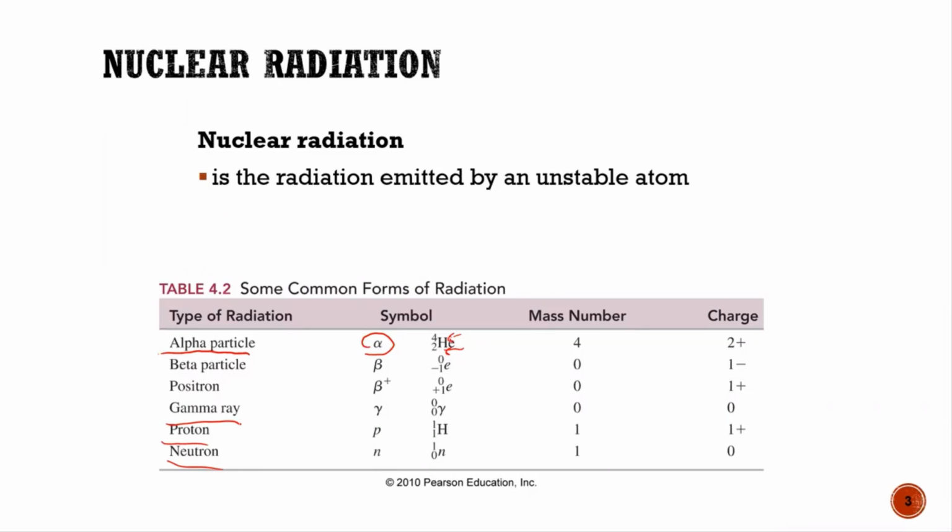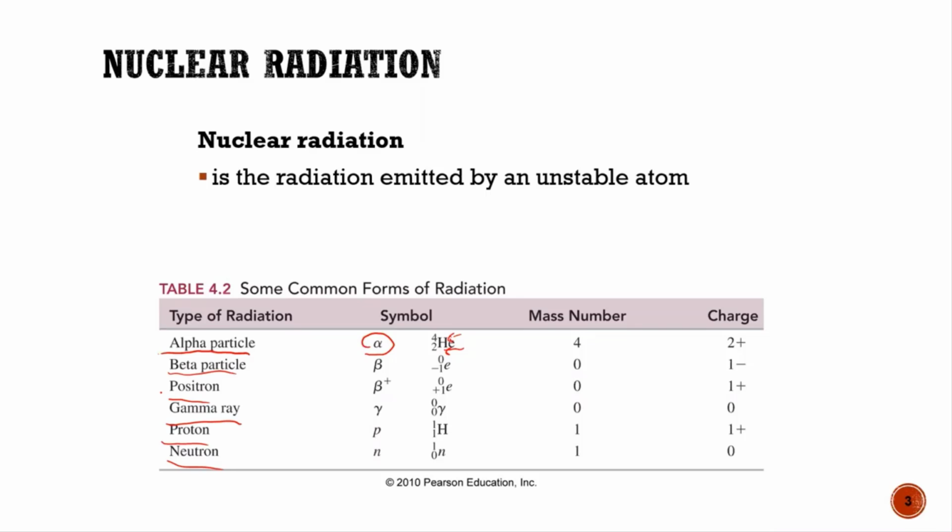A beta particle is interesting. It's basically like shooting out an electron. The way it does that is a neutron is converted to a proton, and it shoots out the negative charge to balance it out. And then a positron is basically a proton converting to a neutron and shooting out a positive charge; it's like an electron in size, but it has a positive charge.